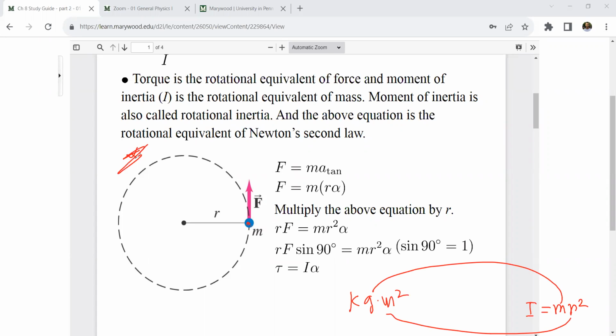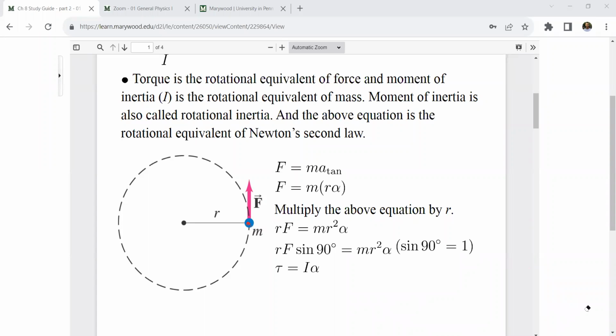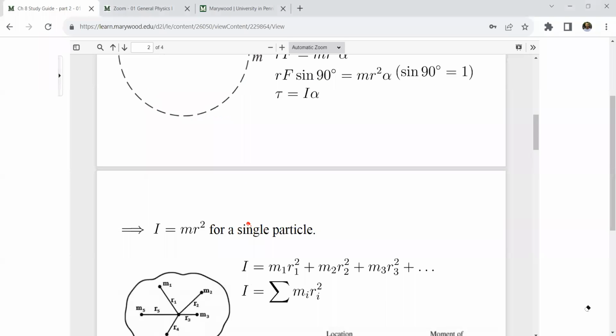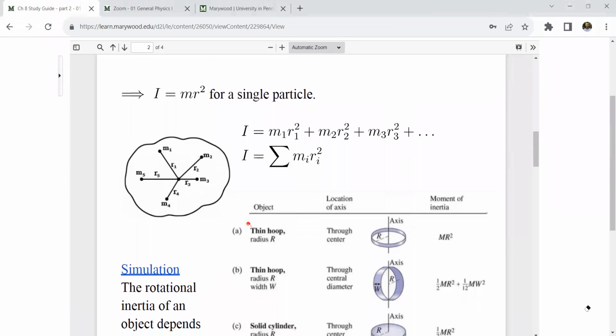Okay. So the last equation we derived is for a single particle. So here it is I equals M R square.